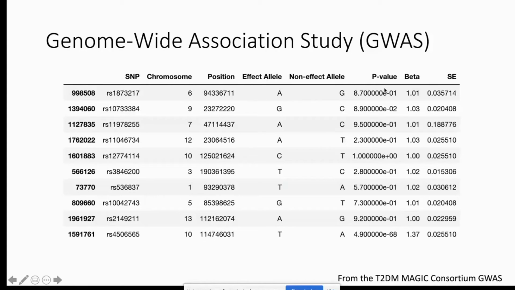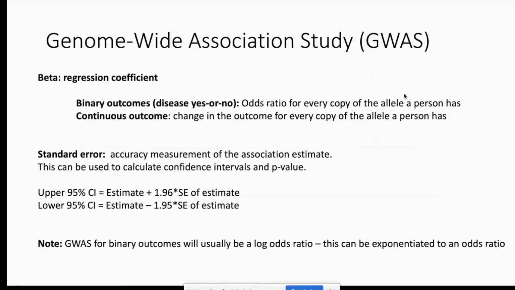If you have two, then it's per allele increase, per change in the independent variable, and that here is the SNP. We get an increase in the odds ratio for the outcome, and that's called the beta, which refers to the regression coefficient. The standard error, as I said, is an accuracy measurement for the association estimate, and that can be used to calculate confidence intervals and the p-value.